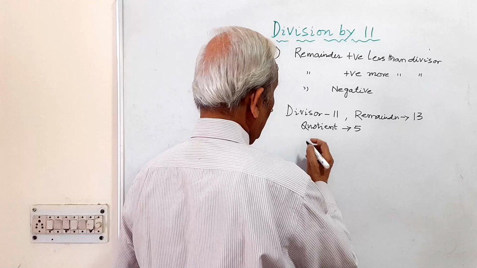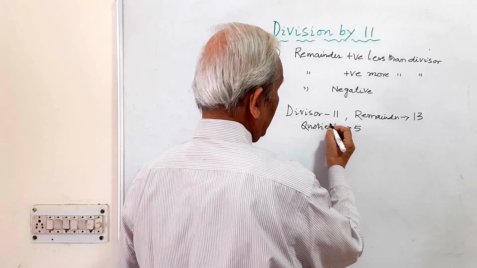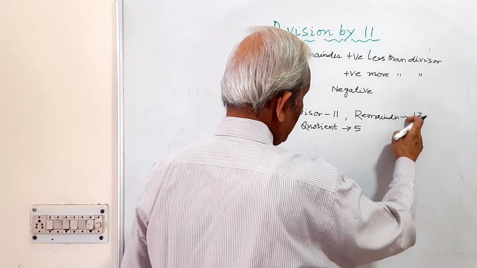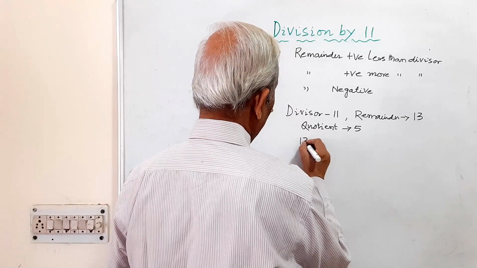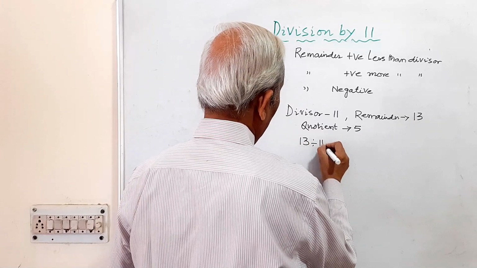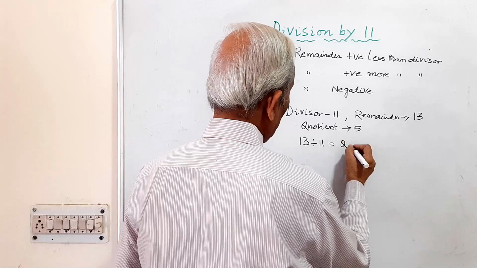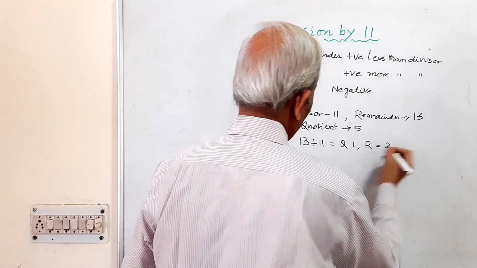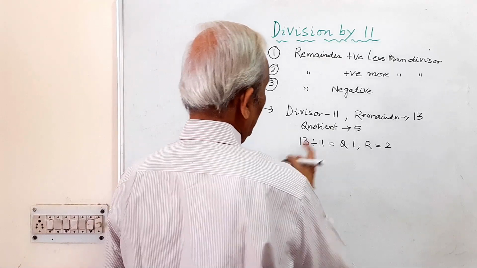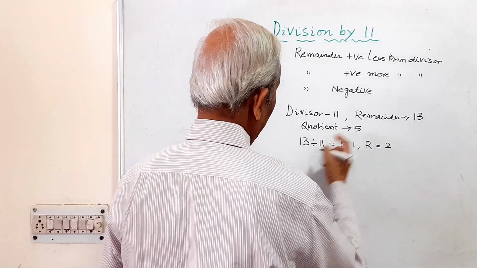You just take another, divide this 13 by 11, right? So if you divide 13 by 11, what happens? Quotient becomes 1 and remainder becomes 2, right? So what you do is, your quotient is 5.